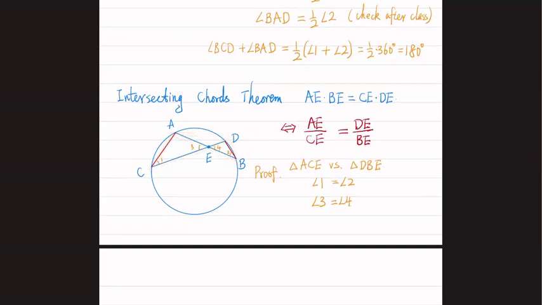Okay. What about angles 3 and 4? Why are they the same? They're vertical angles. Now we apply the AA similarity theorem. We conclude the two triangles are similar.